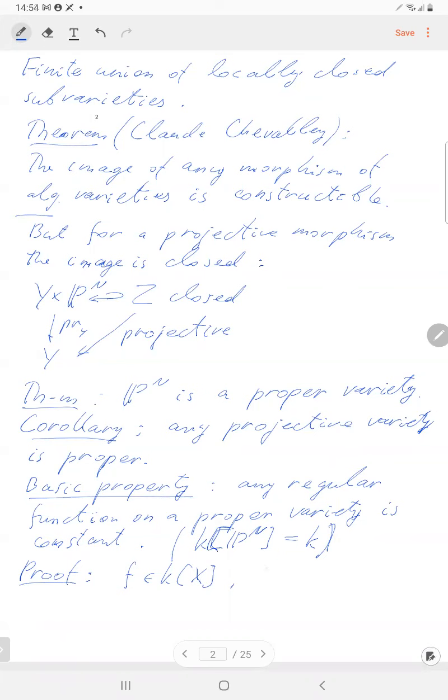So we may freely assume that it is not identically zero, and then we can consider the open subset where it's not zero. It will be a non-empty open subset. Maybe in fact I should add that this proper variety is connected, or at least irreducible.